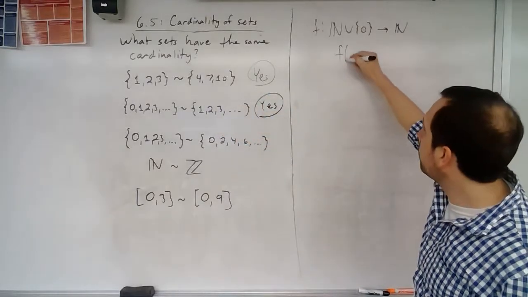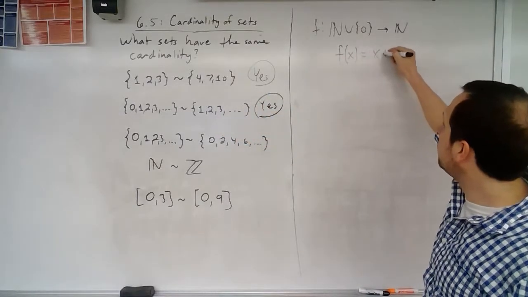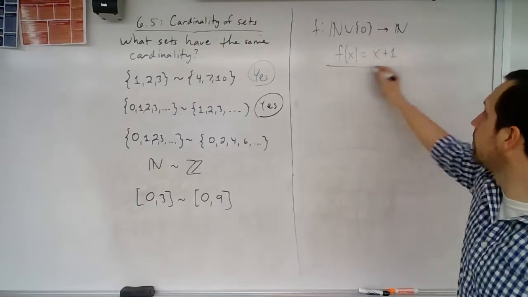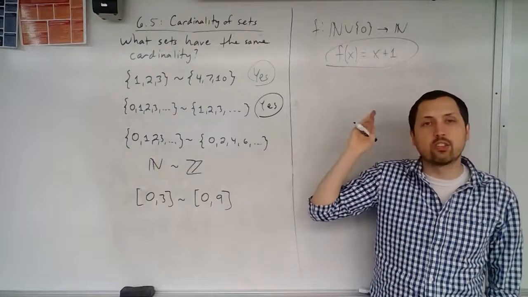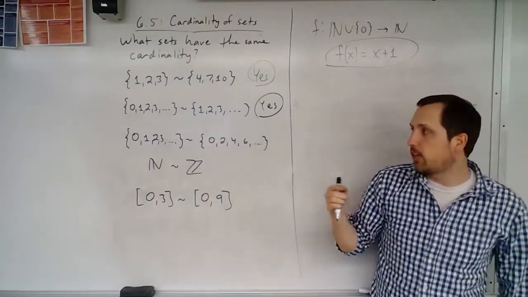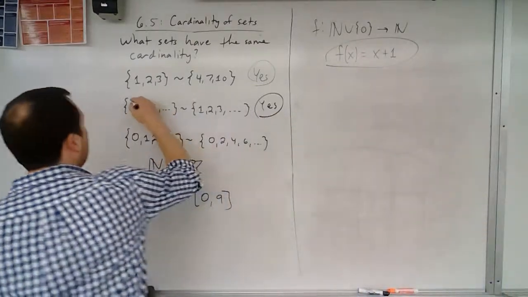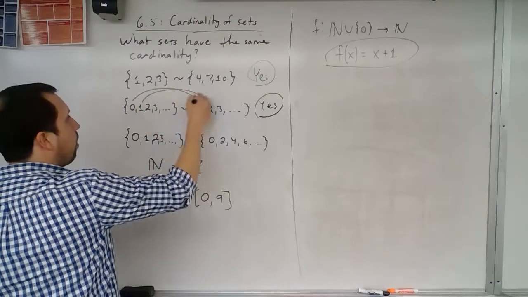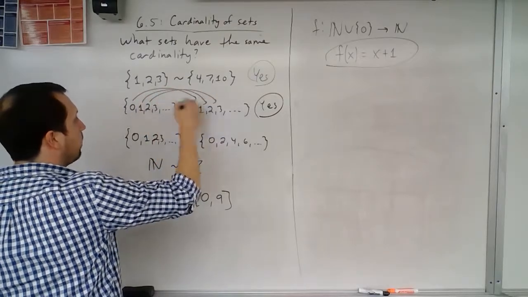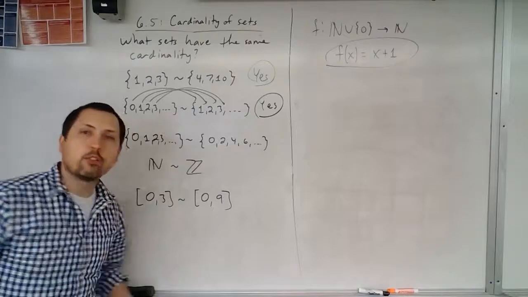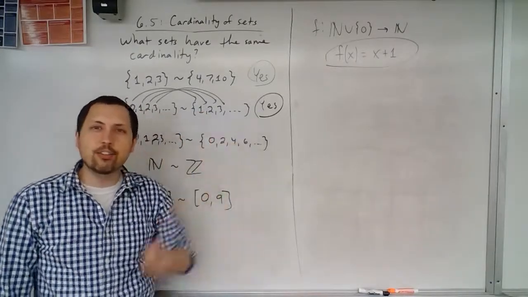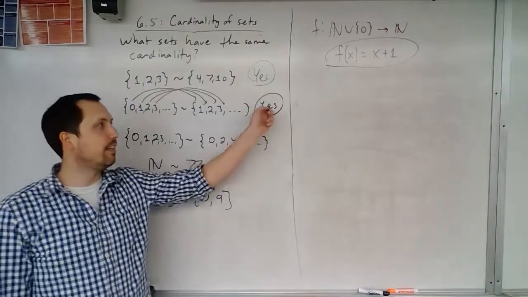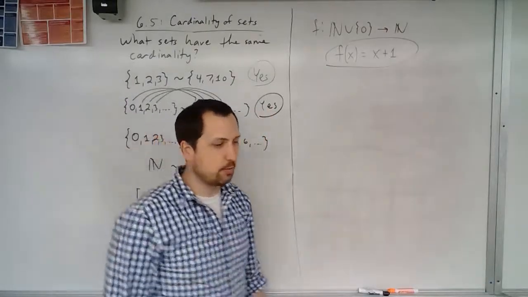I can define my function f of x is equal to x plus 1. This is clearly a bijective function, right? Any way you think about this function, it's clearly a nice bijection. I'm going to map 0 to 1, map 1 to 2, map 2 to 3, map 3 to 4, and so on and so forth. So everybody here has a buddy in the other set. So indeed, same cardinality between these sets.